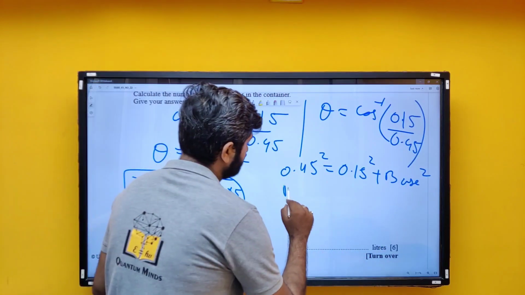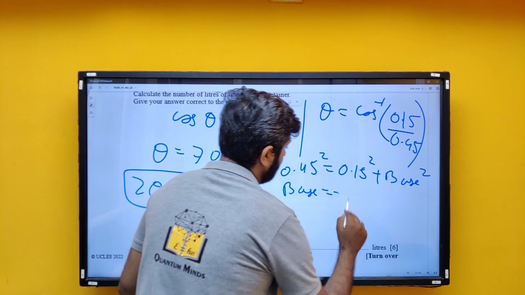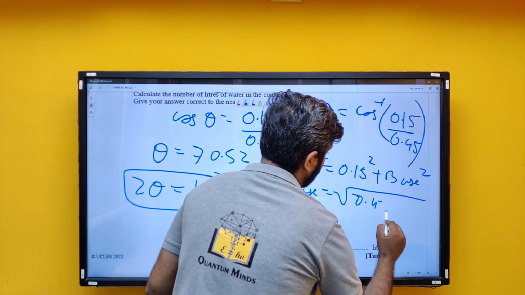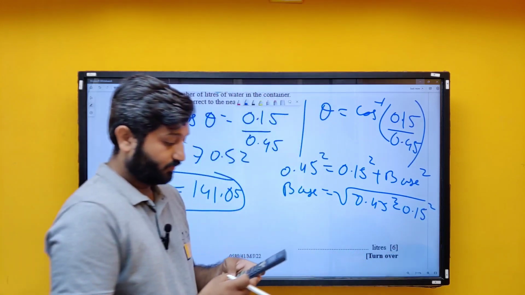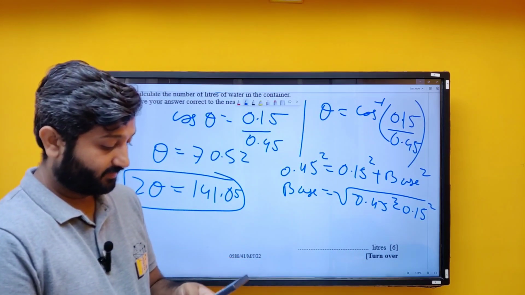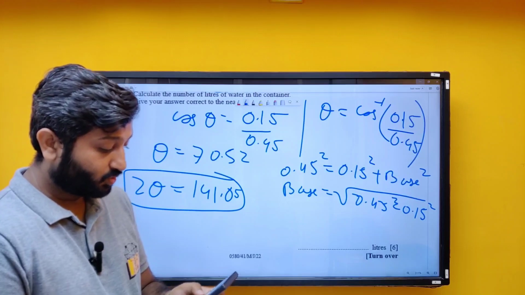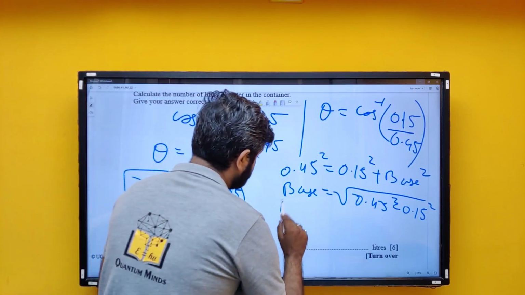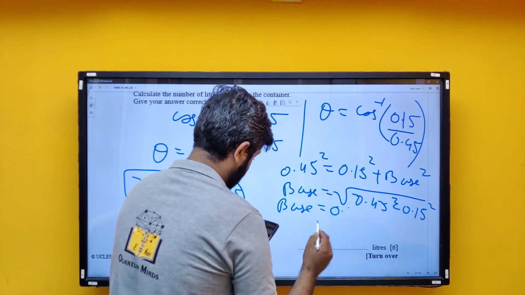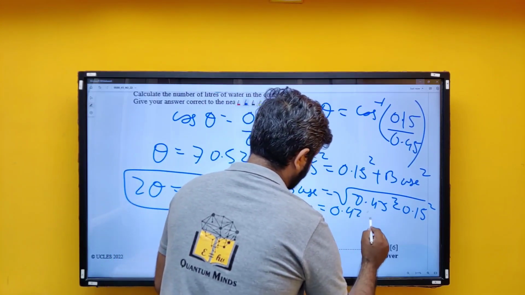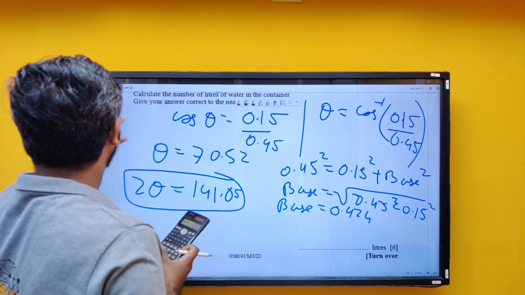So my base is under root 0.45 square minus 0.15 square. So my base is 0.424.